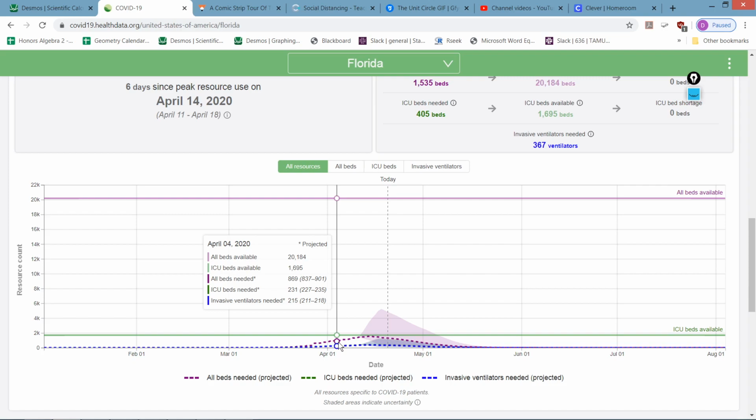Well, the only reason you have linear growth is if you're only testing a set number of people each day. So in Florida and in many other parts of the United States, not just Florida, we are severely under testing people for the disease. Let's say you're only testing 10,000 people a day, and I'm just making that number up. Well, if you're only testing 10,000 people a day, then you can't possibly know if 100,000 people got infected, right?